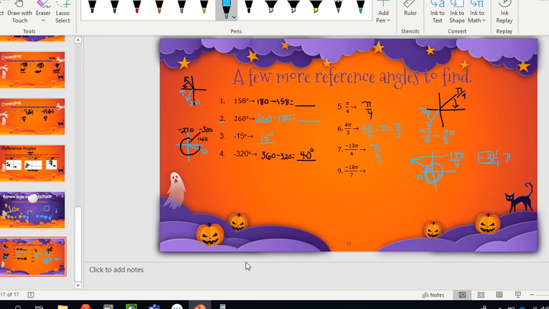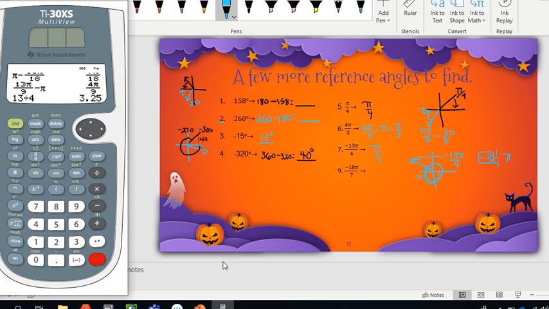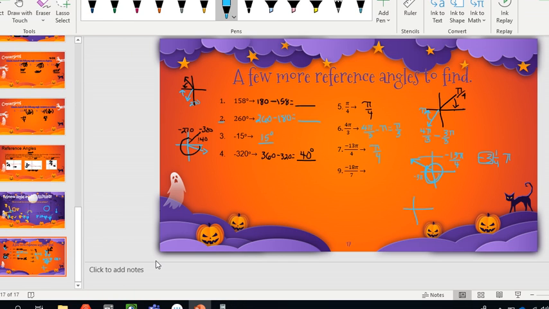So this one, negative 18/7 pi. Well, I need my calculator. 18 divided by 7 is 2.57 pi. So 2.5 pi, where is that going to put me? That's this one right here. 2.5 pi. Well, and it's positive? No, it's negative.